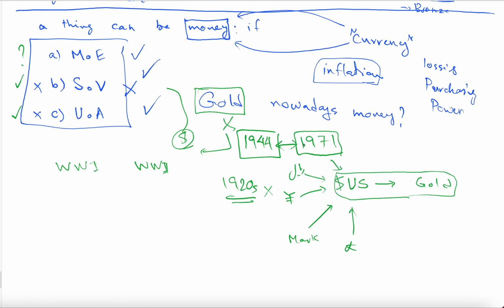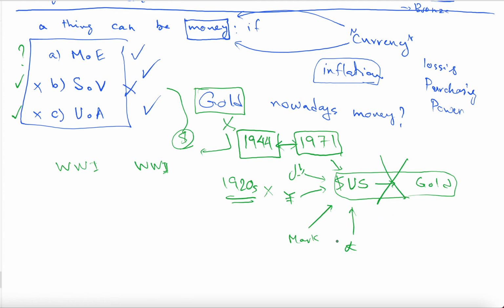So the gold standard was in place from 1944, the end of World War II, until 1971, when this was stopped by the United States.